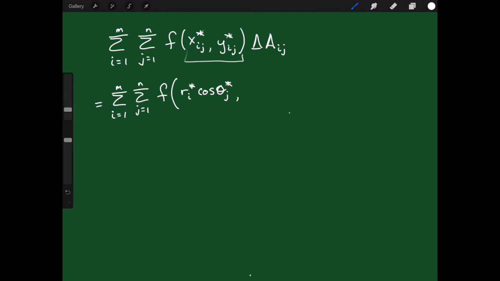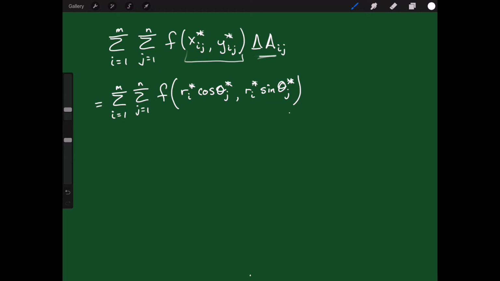Similarly, I'll convert the y into r sub i star sine of theta sub j star. And then I multiply that by the area of the piece that I'm working with.